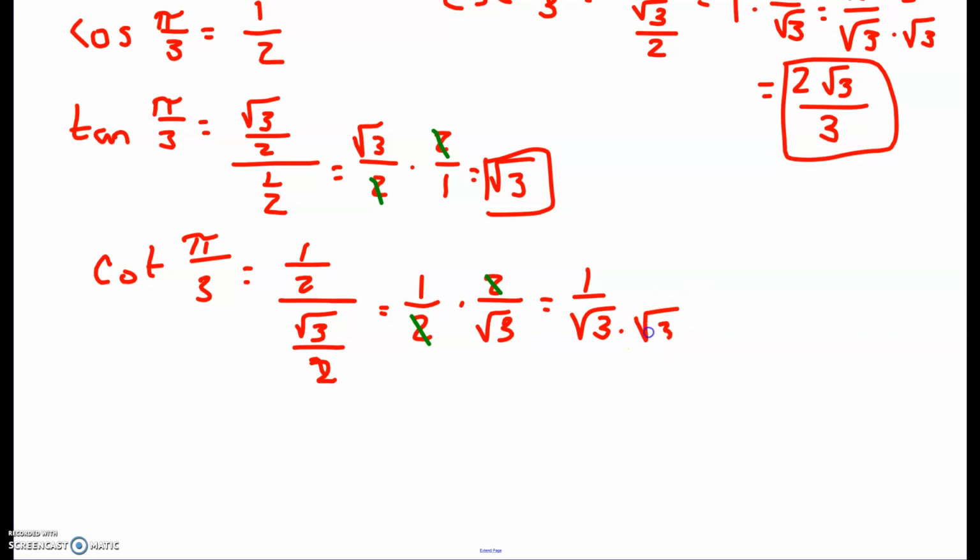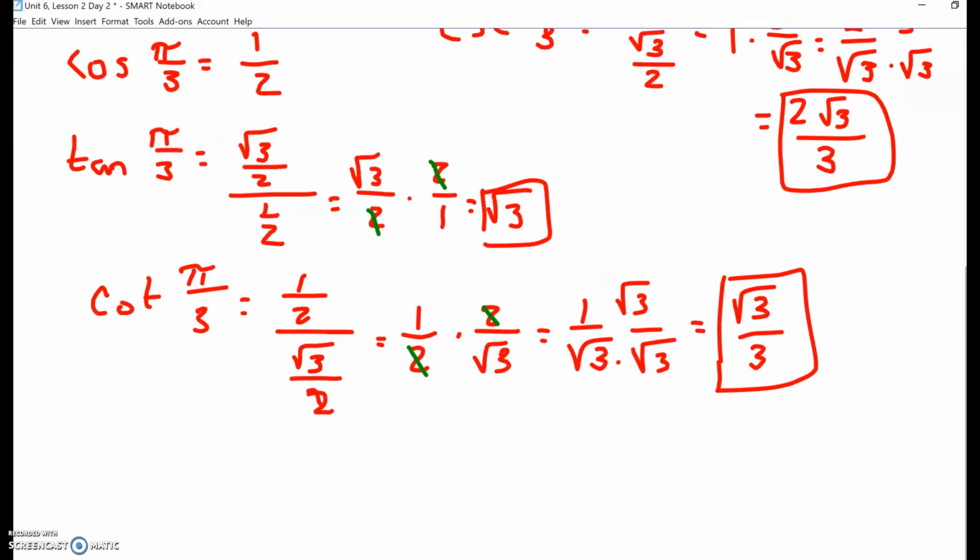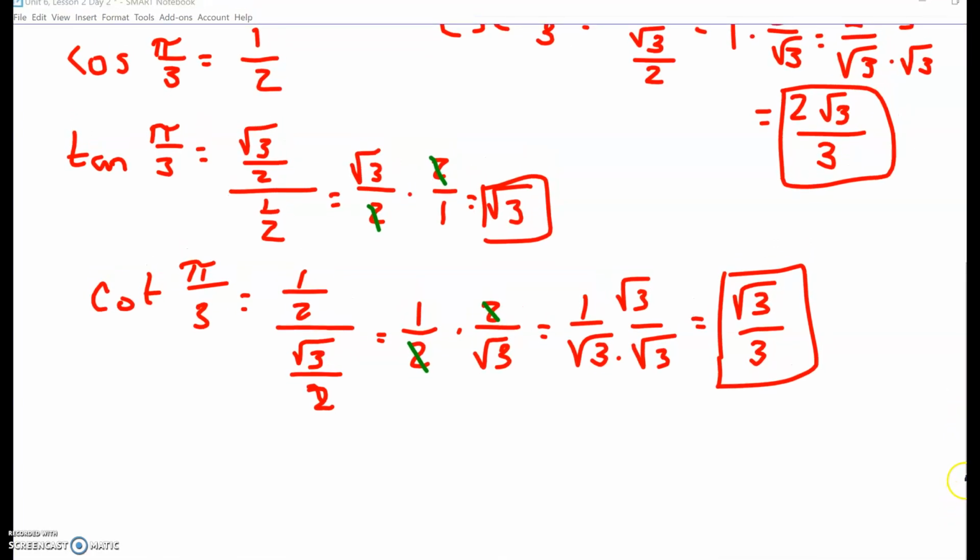And we have to rationalize our denominator. So there are the values of the 6 trigonometric functions at pi over 3.